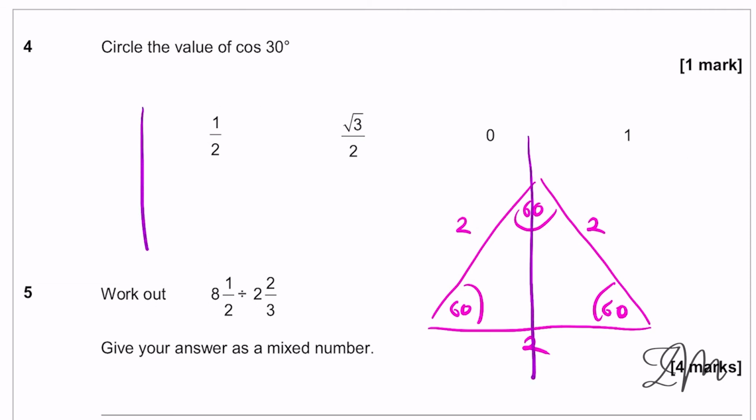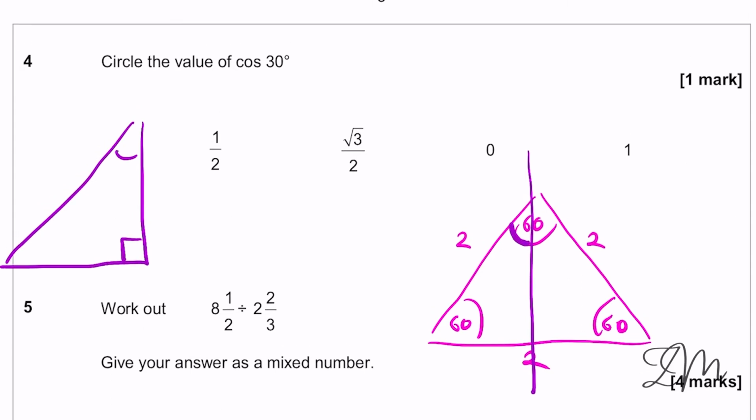When we chop this triangle in half, we get a right angle triangle. So this angle up here is half of 60, so it's 30. This becomes 60. This is 2. This is half of the 2, so 1. And then if we want to find the other side using Pythagoras, 2 squared, which is 4, minus 1, which is 3, this becomes the square root of 3.